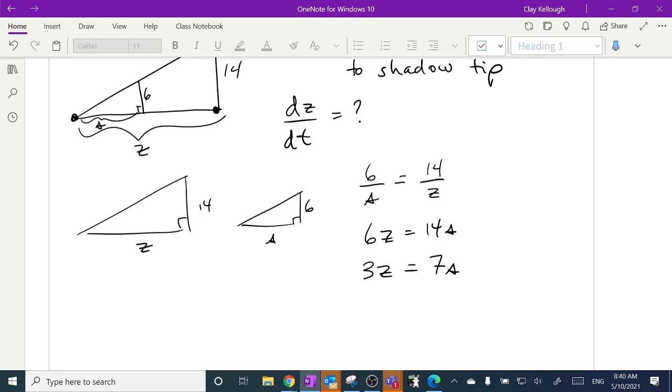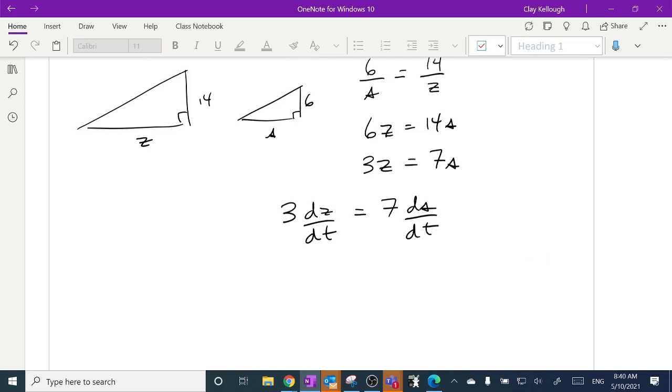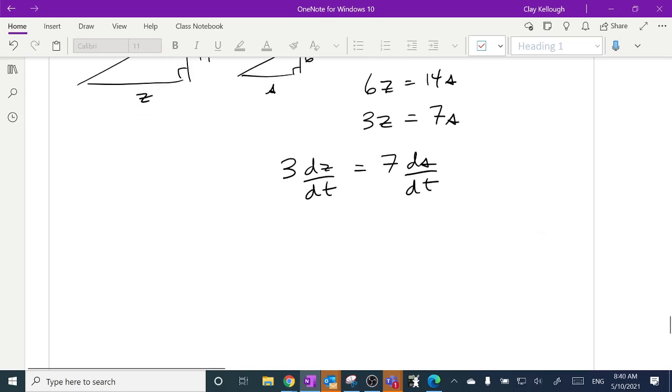I'll do this one a little differently. I'll leave that as my formula, and I'll do the derivative of both sides now. So the derivative with respect to z is 3 dz by dt, and the derivative with respect to s is 7 ds by dt. And we solved for what ds by dt is in the last question, right? It was 2.25. I'll go back to fractions. It was 9 over 4.